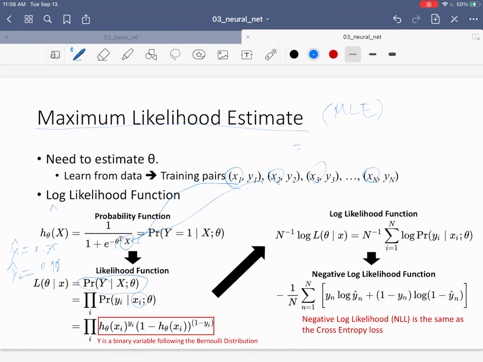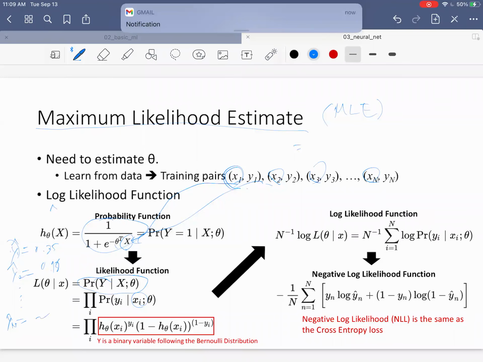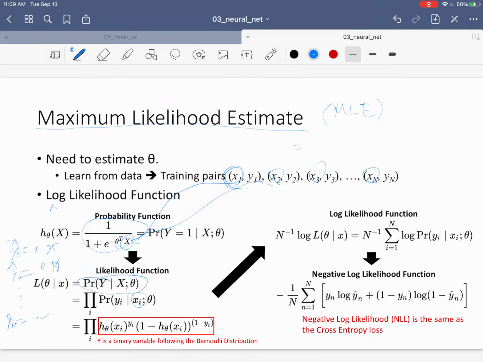So when you put x1, you're actually calculating the likelihood of this function, which is y1 hat, and when you put x2, you get y2 hat, all the way to yn hat, which would be some untuned value. And then you multiply all of them together, because you're given the entire data, and you want to maximize the likelihood of seeing all these data at the same time, like a joint probability.